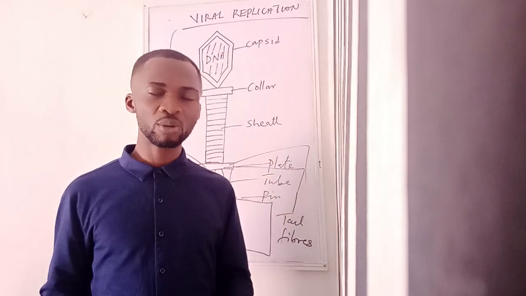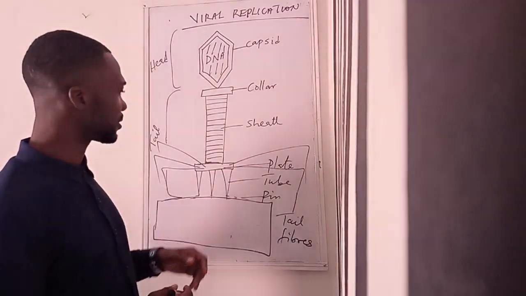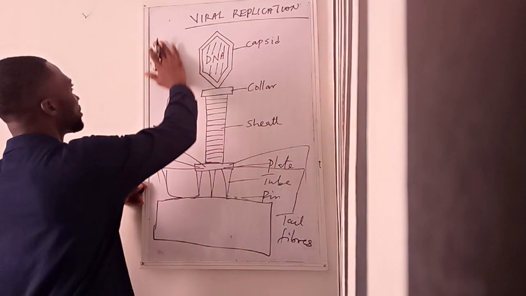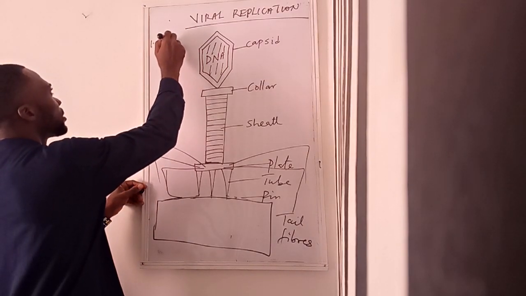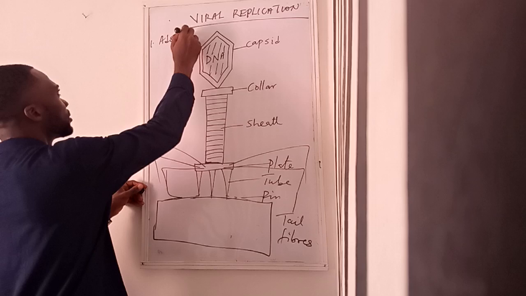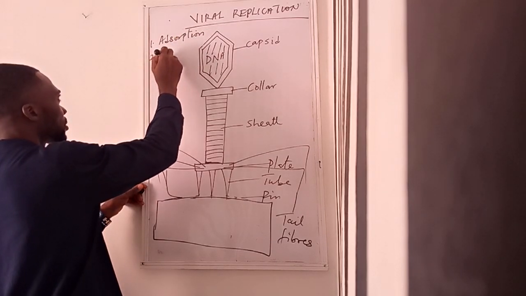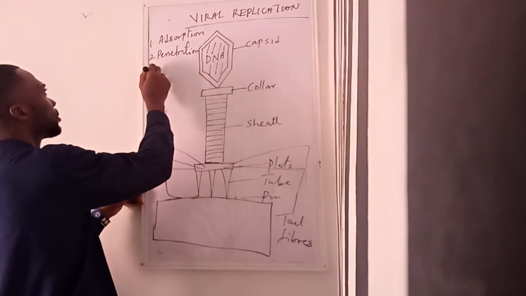So when it comes to viral replication, we have about five different stages that are involved. The first one is what we call adsorption. Second one is penetration.